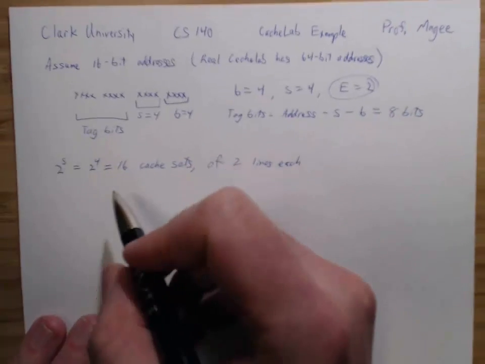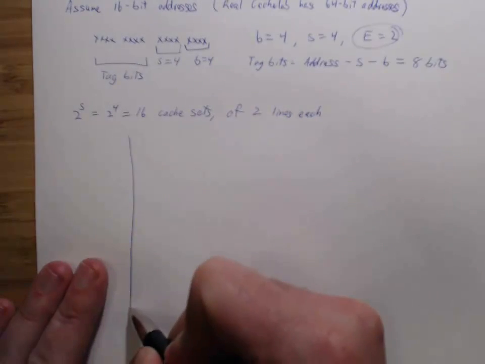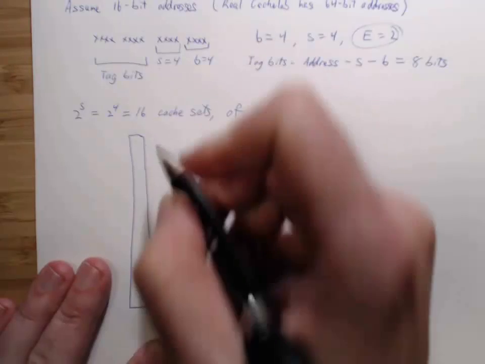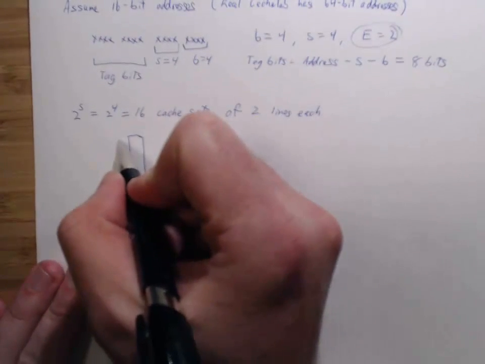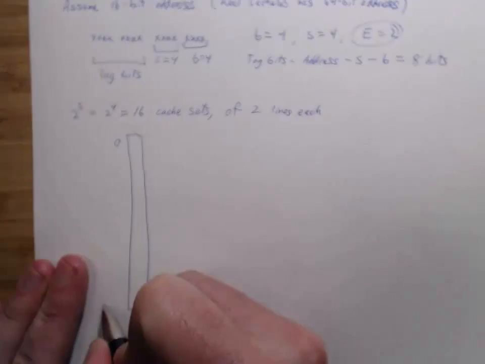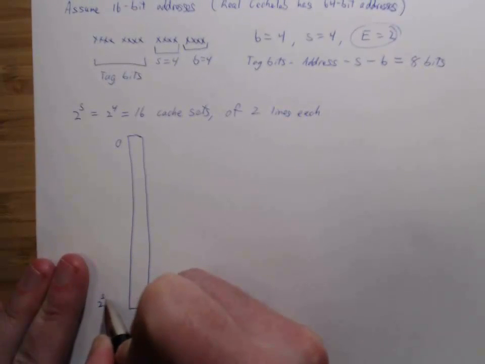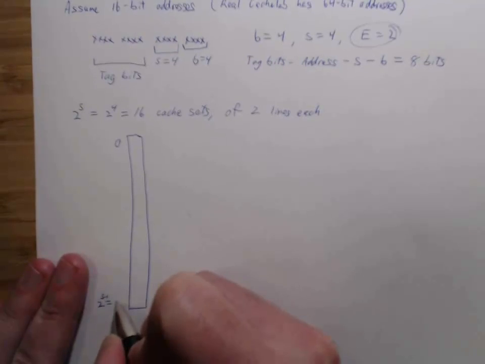So we can build this, and this will be addresses 0 through 2 to the S minus 1, which equals 15.